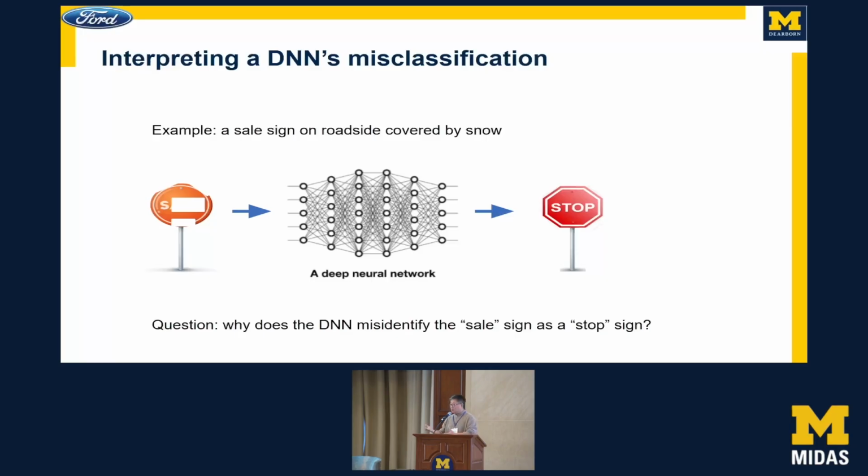The machine learning probably thinks that's a stop sign. Then we try to understand why this deep learning model misidentifies this sale sign as a stop sign. If you make a misclassification, you need to know the reason, to improve your model.